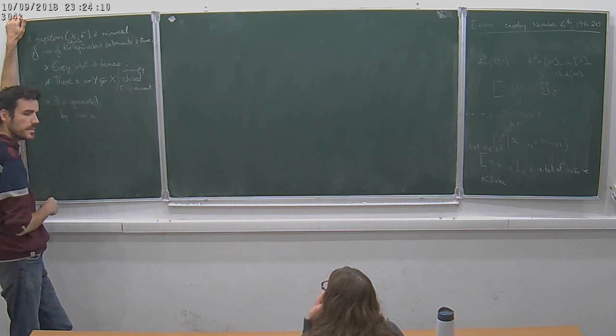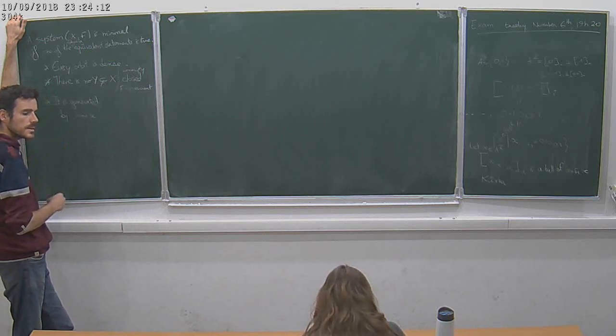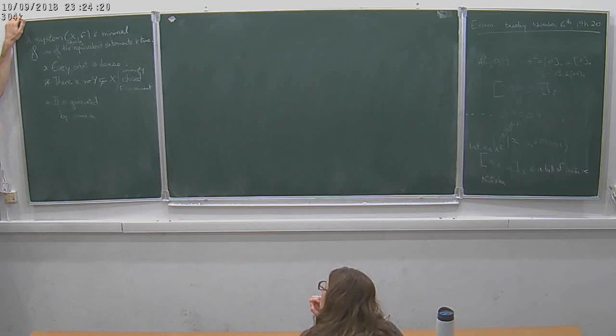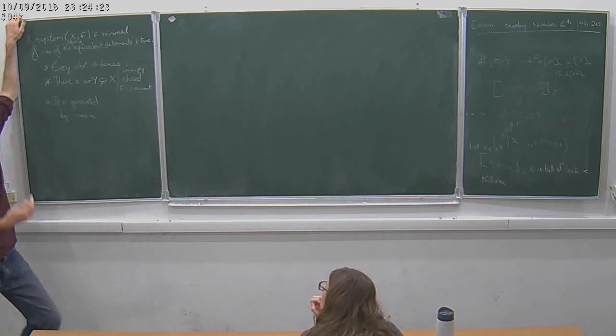I take a point. What is the dynamical system generated by a point? You take the orbit, the full orbit, so that it is defined on the whole set.